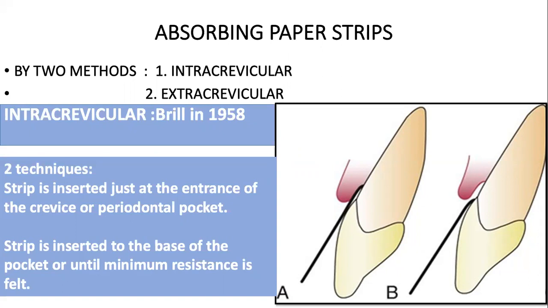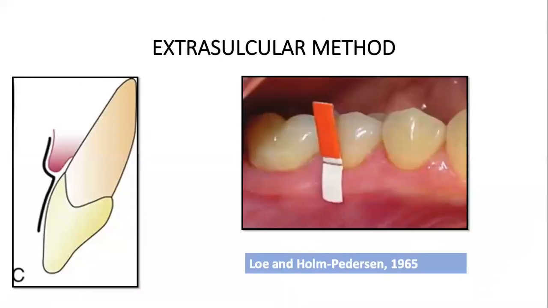Later, Löe and Holm-Pedersen minimized the irritation of this method given by Brill et al. and placed these absorbent papers just at the entrance of the sulcus. And since at the entrance of the sulcus there is no question of disturbing the sulcus or irritating the sulcus, you can easily assess the exact amount of GCF.